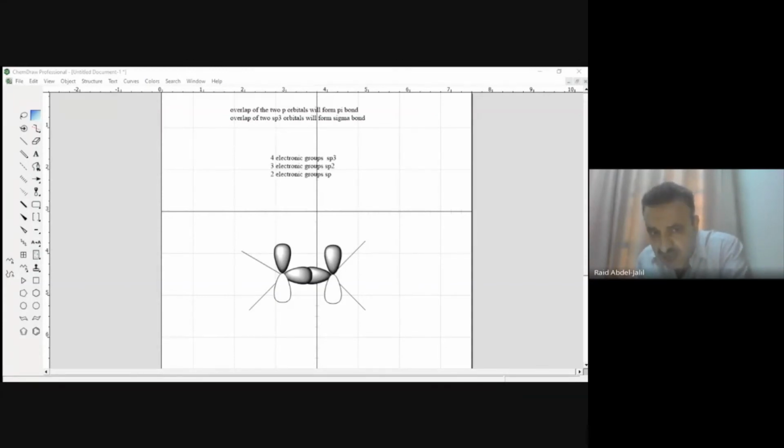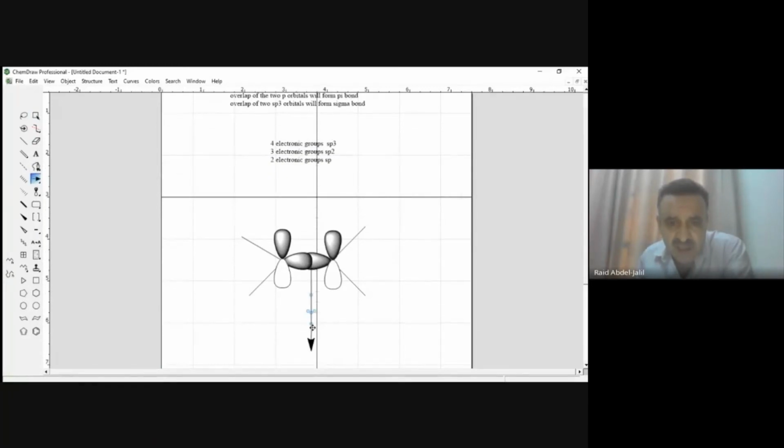Now, the overlap of these two p orbitals will form the pi. So this overlap here is what we call the sigma bond.